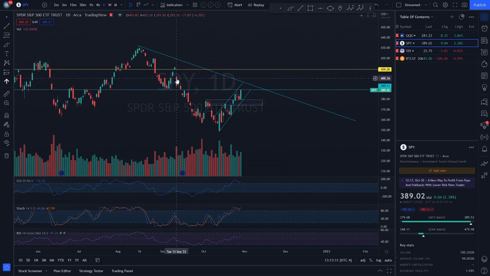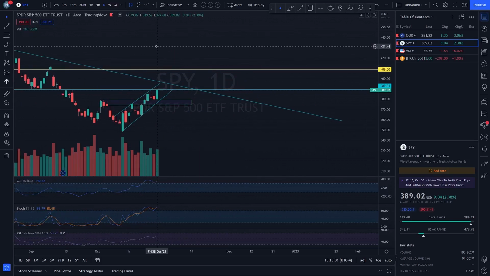It was either here or here. But both of these was CPI. Oh, if this was CPI, then this had to have been FOMC, because CPI is always on the 13th. Yeah, I don't know if maybe that was also an FOMC event over here. I don't know. But yeah, guys, that's how I'm playing this.